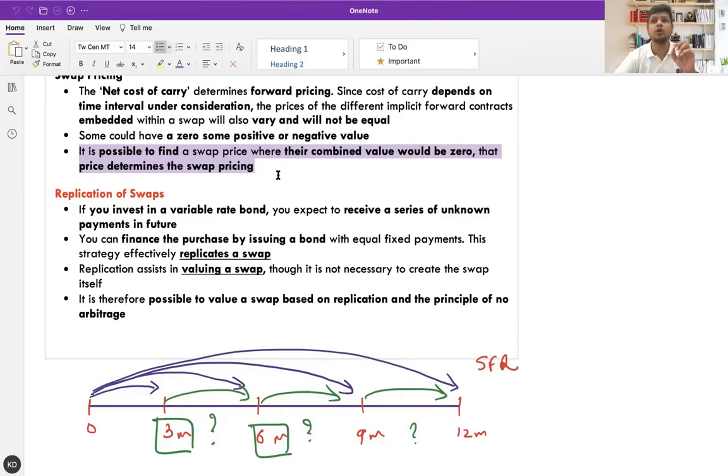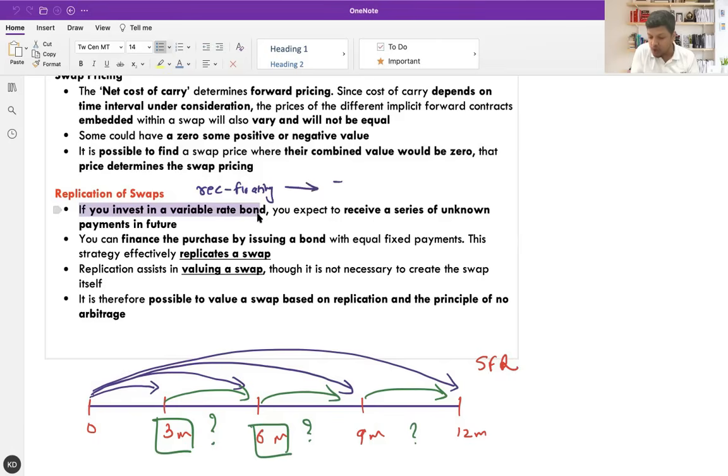These are all small words which, if you read, you can understand, but it may end up in confusion. So it's okay to be confused. Here they are saying, if you invest in a variable bond, you will receive LIBORs. It's like receiving floating.